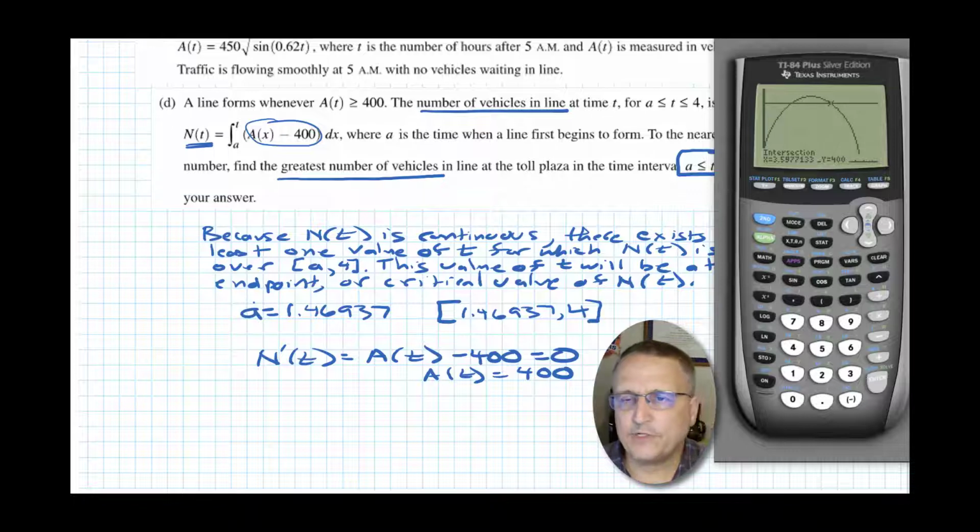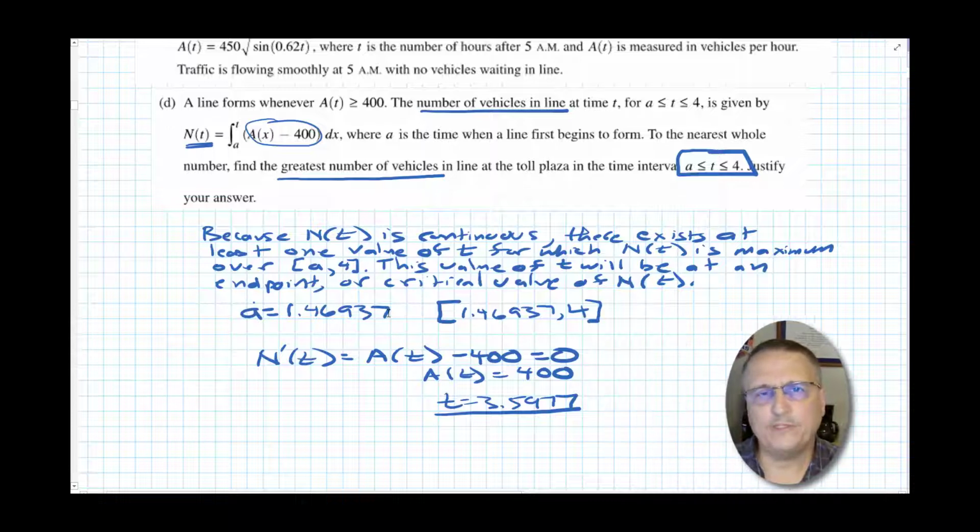And we can see that there is a critical point, a value of t at 3.5977, at which its derivative is equal to 0. And that becomes a critical point for me to evaluate.